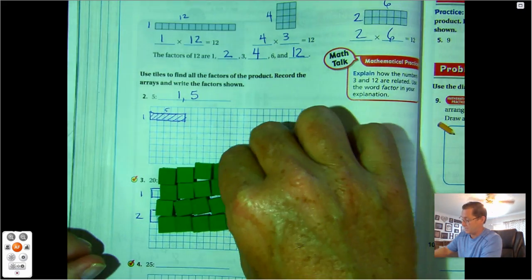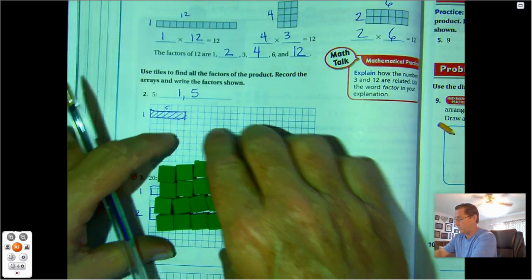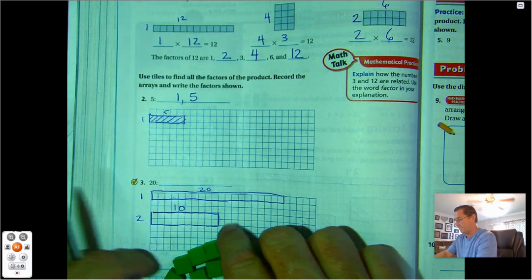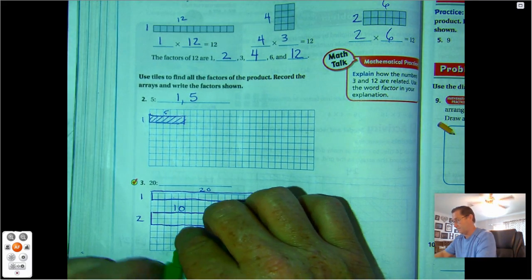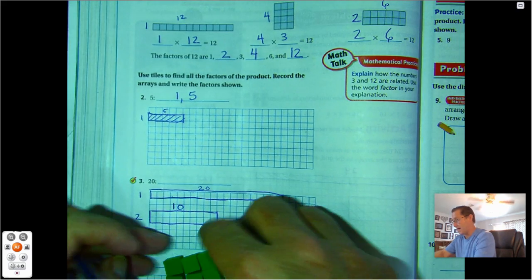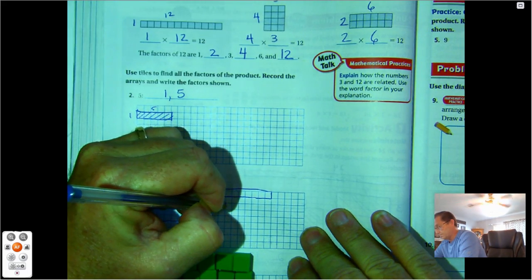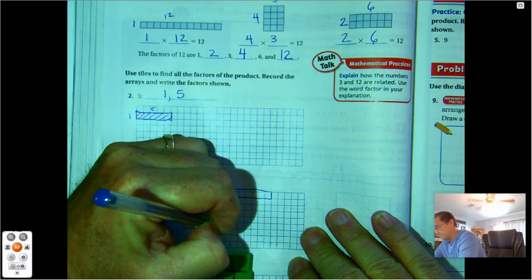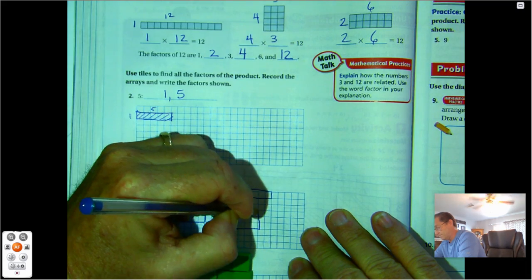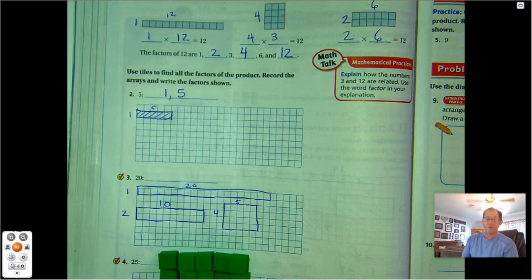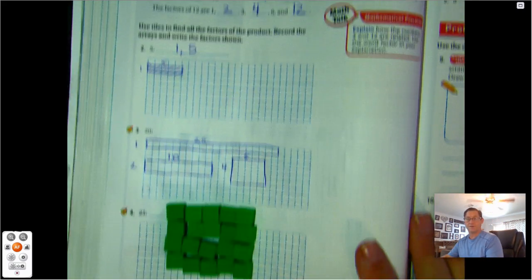So 4 is a factor, and we counted 4 rows of 5. So we put 5 into each row. And 5, we do know already works, because I could have done 5 by 4.